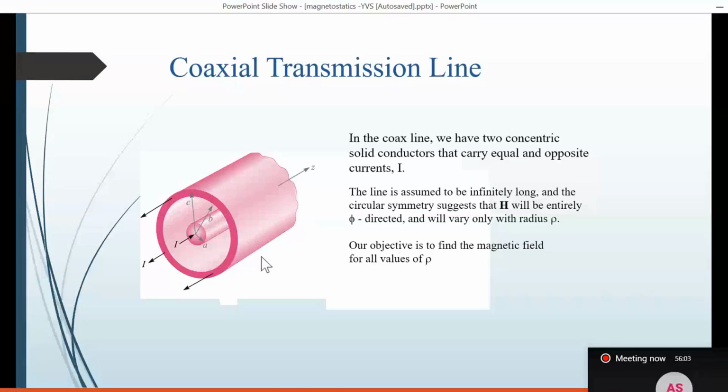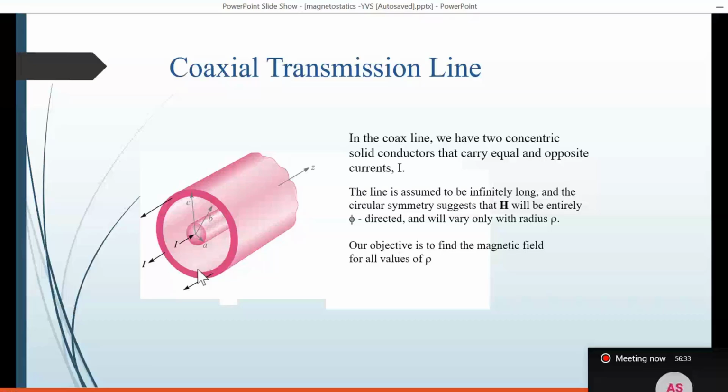So what is our objective? Our objective is to find the magnetic field at all values of radius r or rho, because in some books it is denoted as rho. See this coaxial cable, the middle is a solid conductor, and the outer part is also a conducting part. So we can find the intensity within this conductor, within the space between this conductor and the outer conductor, or outside of the conductor.